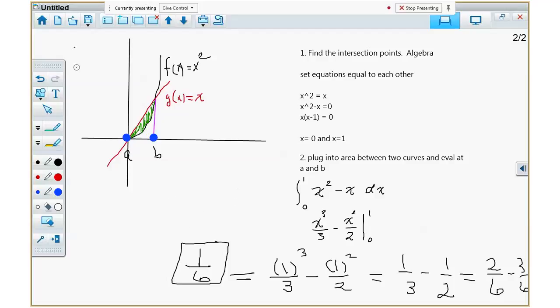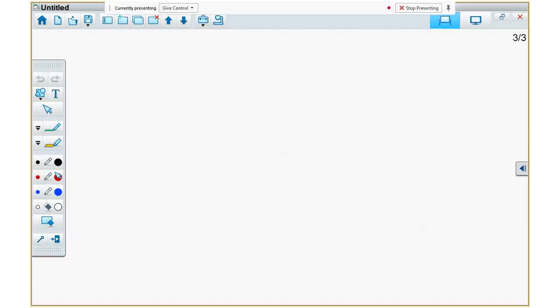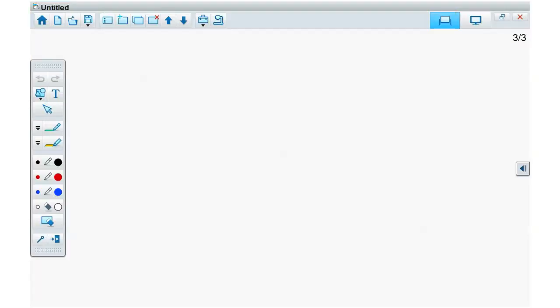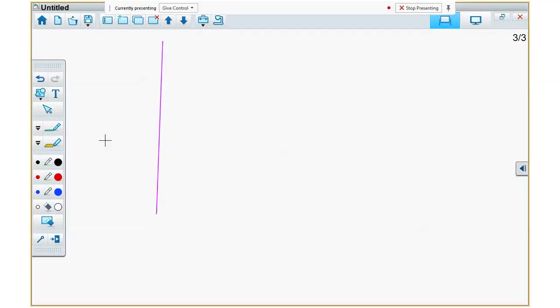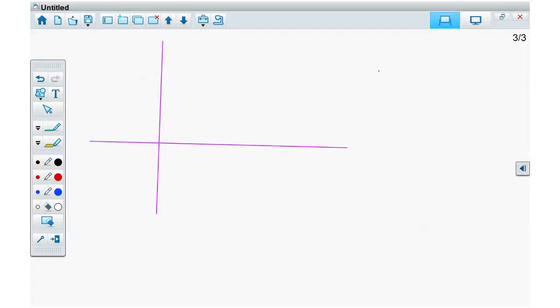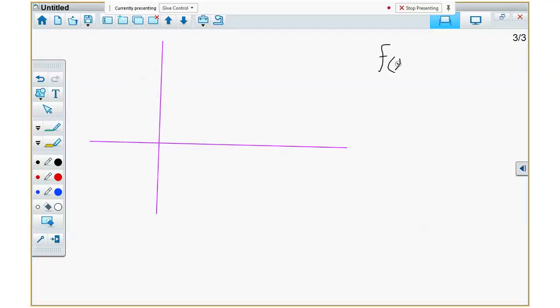All right, let's do another one. Let's try something simple, another simple one. Let's go with f of x is equal to 2x cubed.